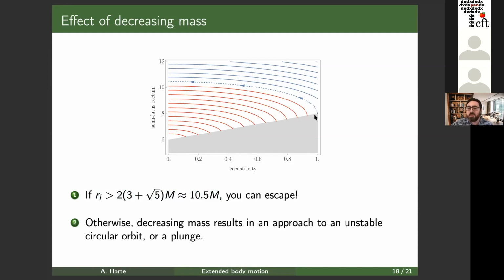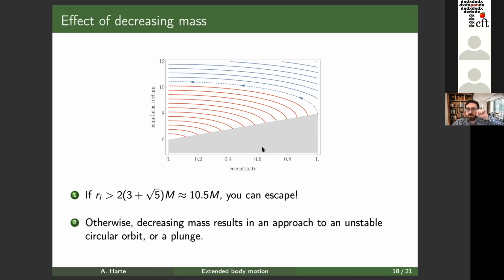So this gray region is where these parameters no longer make sense. If you like, it's the separation between stable orbits above and unstable orbits below. And this line that is on the boundary is called the separatrix. So geodesics on that line are going to asymptotically approach unstable circular orbits.